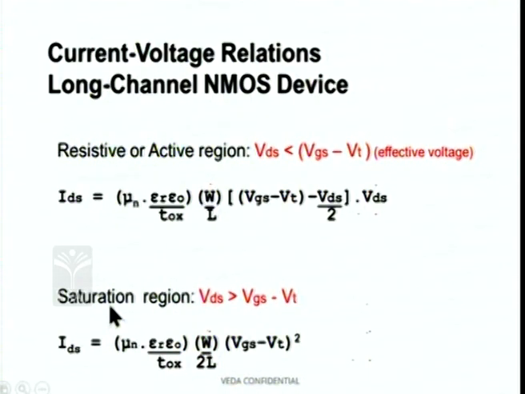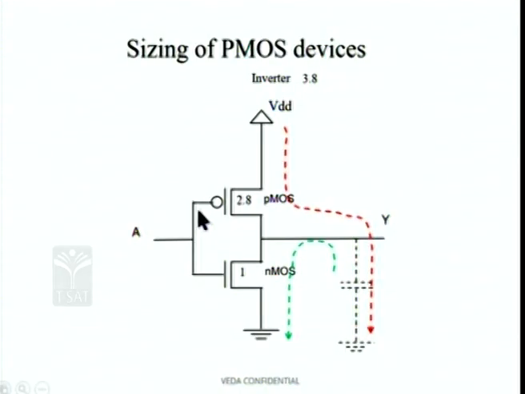With so many inverters, buffers and gates around, it becomes a relatively simple matter to design timing tools where the rise time and the fall time are the same. For that to happen, we must ensure that the charging current and the discharging current are the same. For that to happen, the PMOS device is made 2.8 times wider.